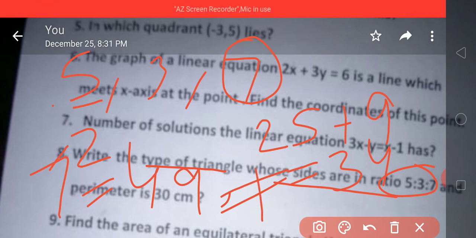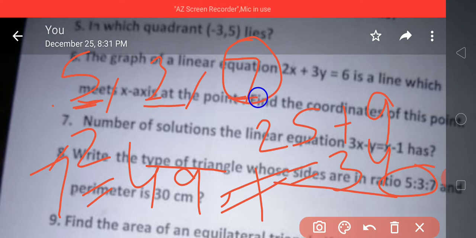So 5, 3, 7 are not Pythagorean triplets, so this will not be a right angle triangle, right? All the sides are not equal, so it is a scalene triangle. If two sides are equal, then it will be an isosceles triangle. So clearly you can see that only two possibilities are there.